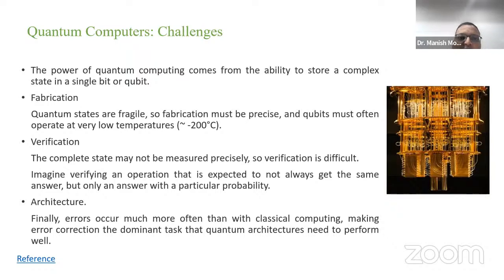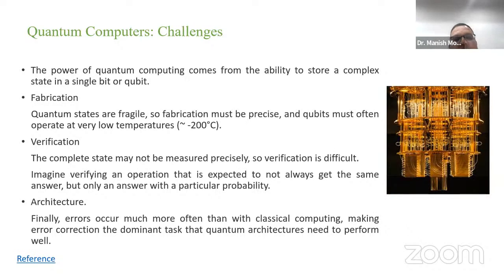And qubits generally operate at very low temperature, around minus 200 degrees centigrade. We need to maintain a particular state of a qubit to have the same state while we are doing the computation, right? Verification is also sometimes challenging because we can't measure the complete state so precisely. Verification is becoming difficult with that, right?